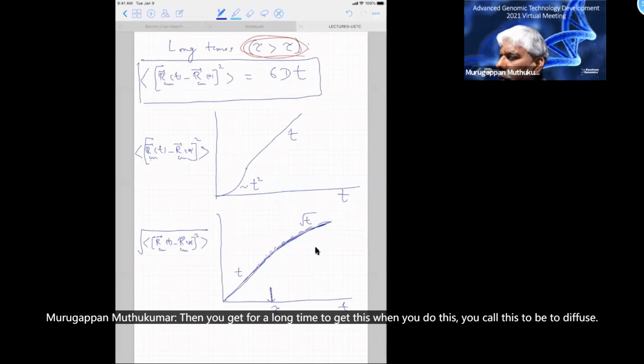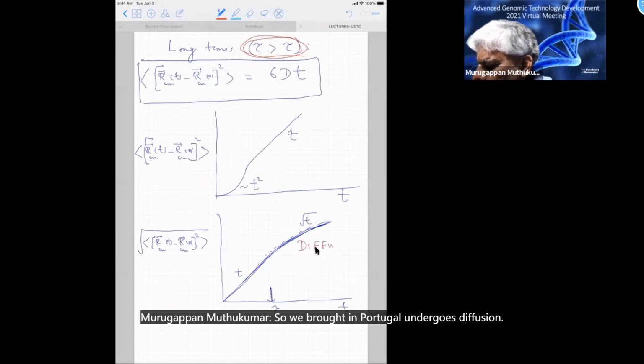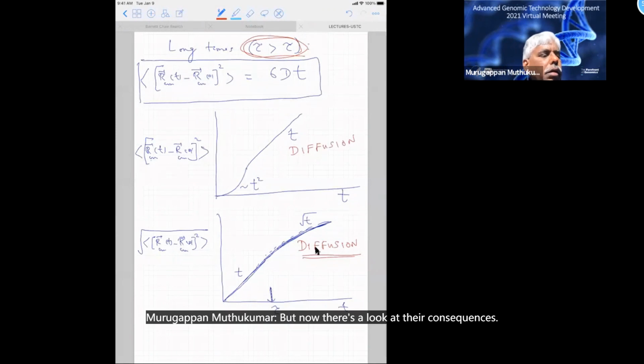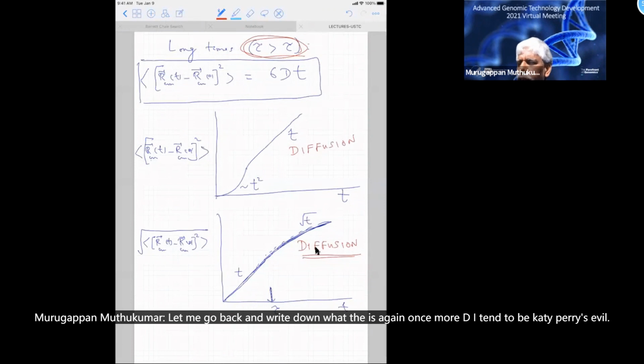When you see this, you call it diffusion. So the Brownian particle undergoes diffusion. Now let's look at the consequences. Let me go back and write down what D is.